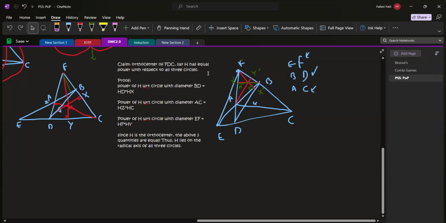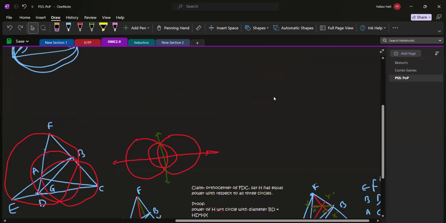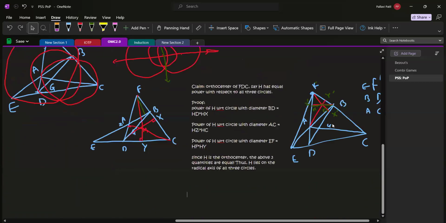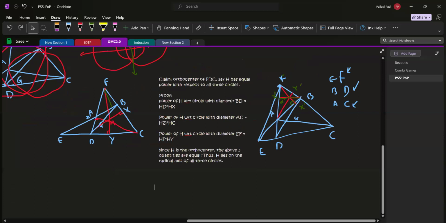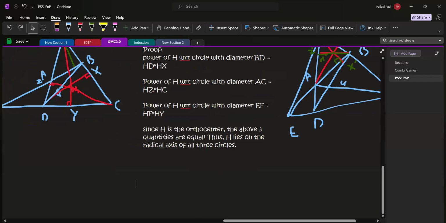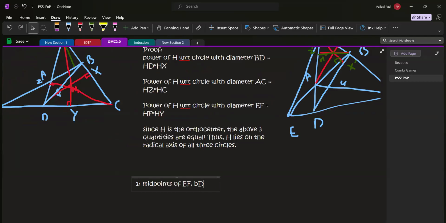That simply follows because the three circles we just mentioned are coaxial, and when we have three coaxial circles, their centers have to be collinear. The centers of those three are just midpoints of EF, BD, and AC. So the first nice result we get is midpoints of EF, BD, AC collinear.